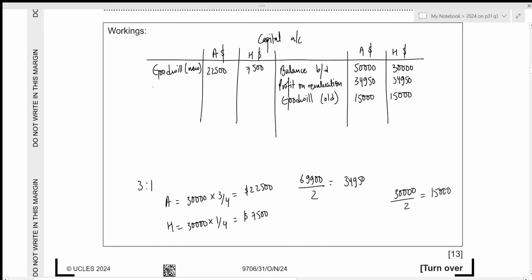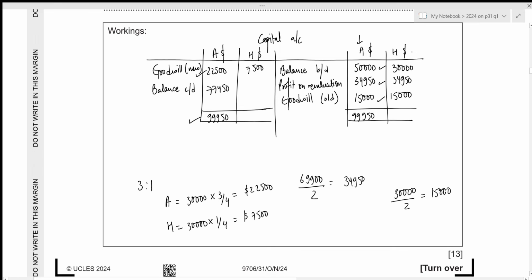Okay, that is all. Now we can calculate the closing balance of our capital account after the adjustments made at the date of revaluation or the change in our profit sharing ratio. Okay, now for the total on the credit side, Angie will have the value of 50,000 plus 34,950 plus 15,000, which results in 99,950. Then the closing balance for Angie will be 99,950 minus 22,500, which results in 77,450.